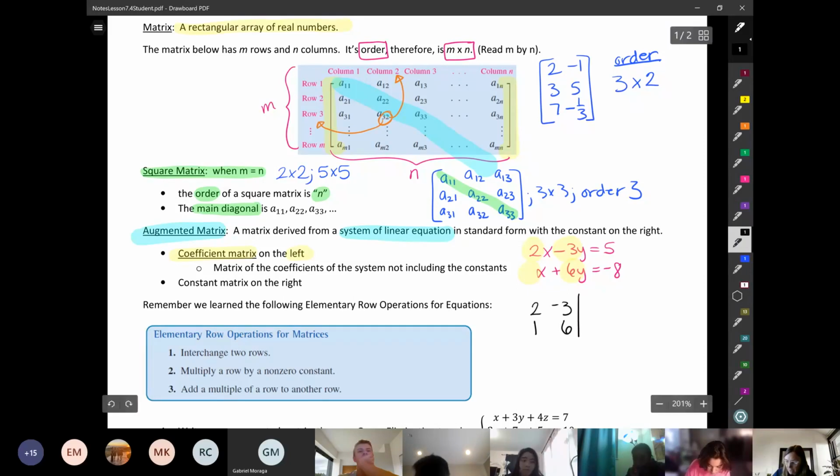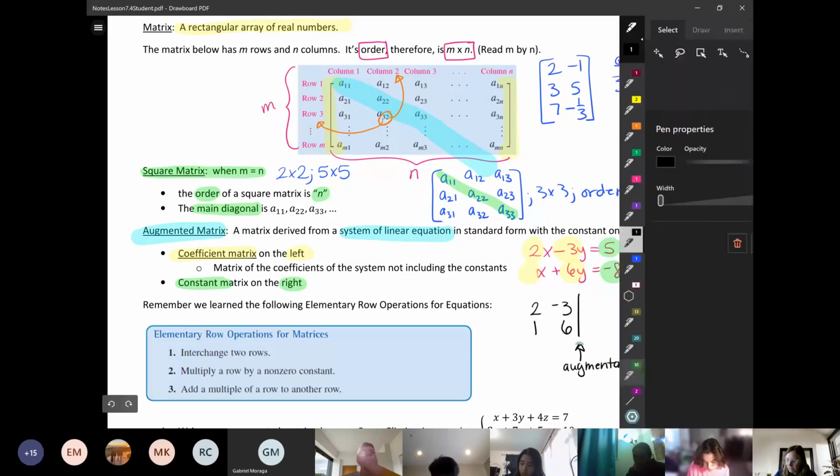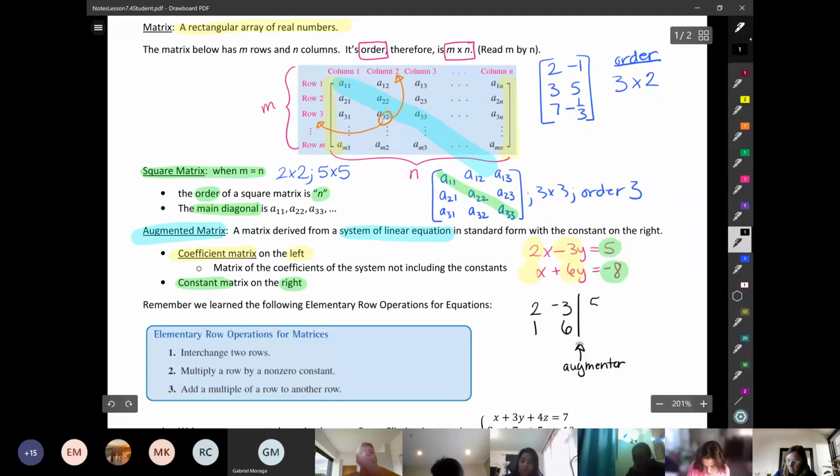I need something to be the barrier, so I'm going to put a vertical bar. I'm going to call this the augmenter. I just made that up. I don't even know if that's a word, but basically it's just the divider between the left side and the right side. On the right side we write the constant matrix. So to the right of that, we put the 5 and the negative 8 into the brackets for a matrix.